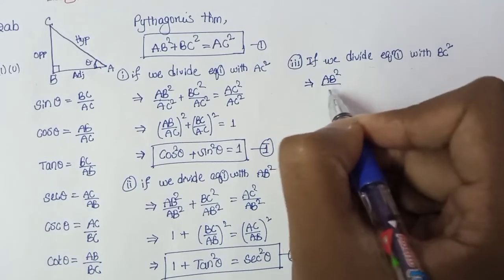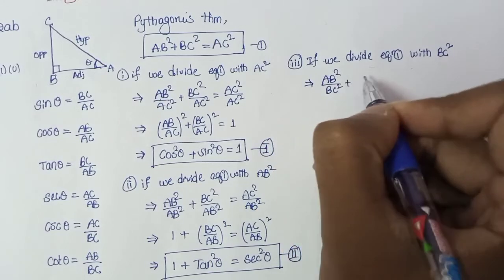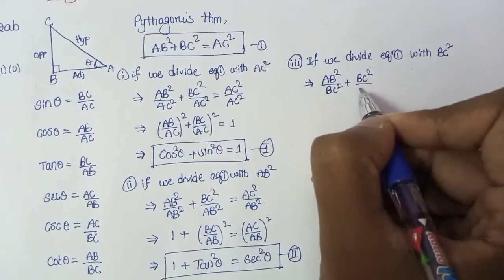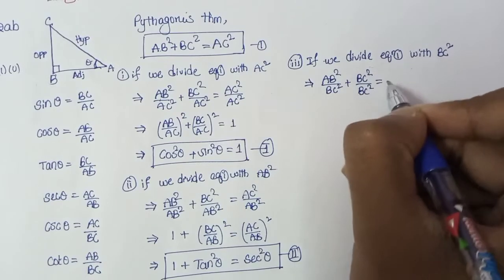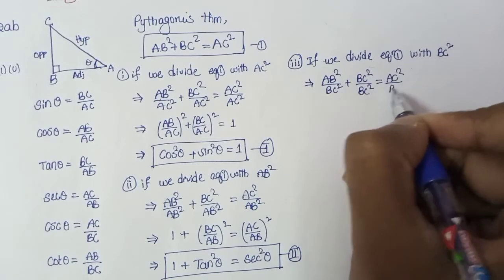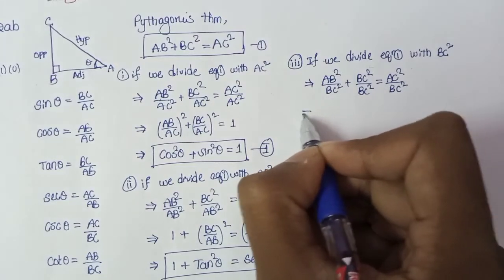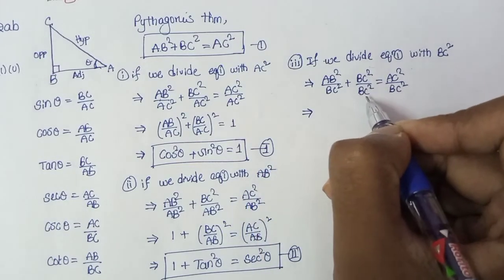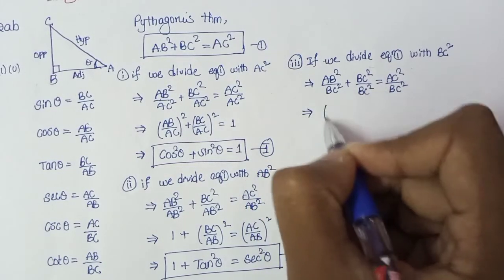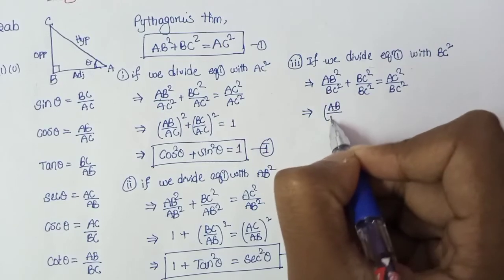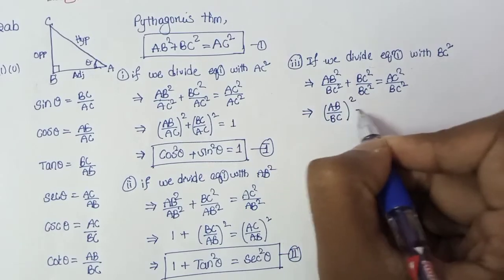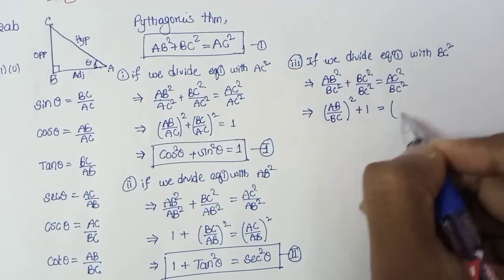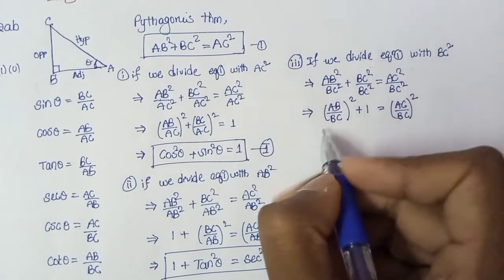AB square divided by BC square plus BC square divided by BC square is equal to AC square divided by BC square. Here BC square gets cancelled, which is equal to 1, and we remain with (AB by BC) whole square plus 1, which is equal to (AC by BC) whole square.